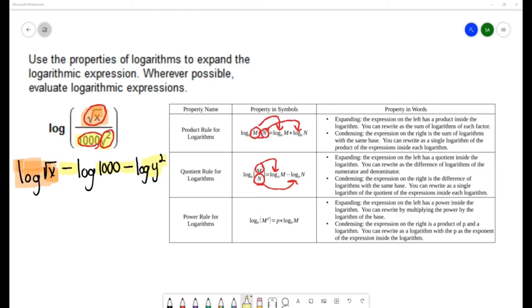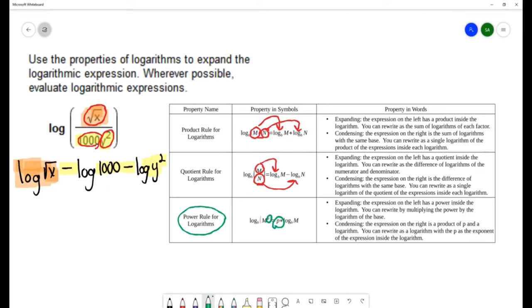So those product and quotient rules have allowed us to expand that single logarithm into the log of each one of those factors. So this last property is the power rule, so it doesn't really expand into multiple logarithms, but if we have a power on an expression inside the logarithm, we can move that power to become the coefficient on the log.